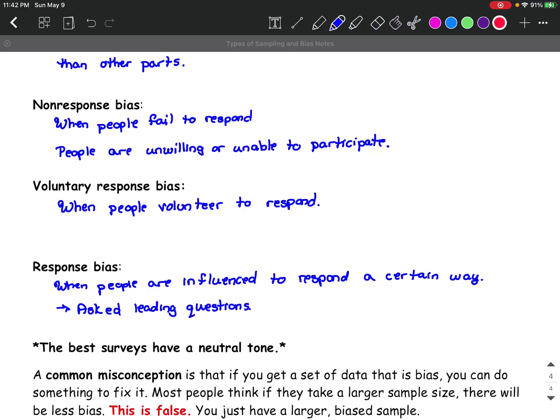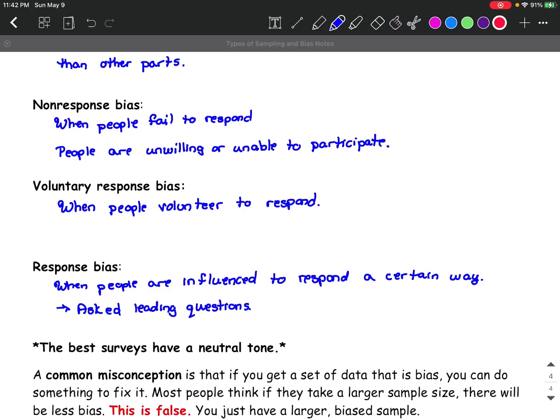Okay? Questions should be framed to have a neutral tone. Whoever you're asking the question of should not know what your opinion is. They shouldn't know which answer you want them to have. If they sense what you want the answer to be, you have a response bias in your survey question.